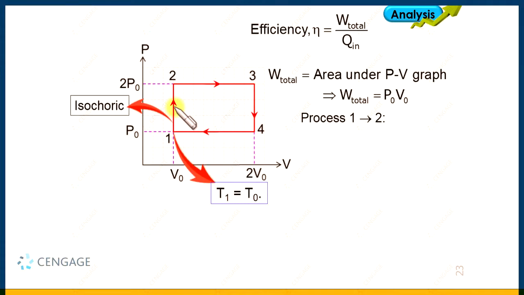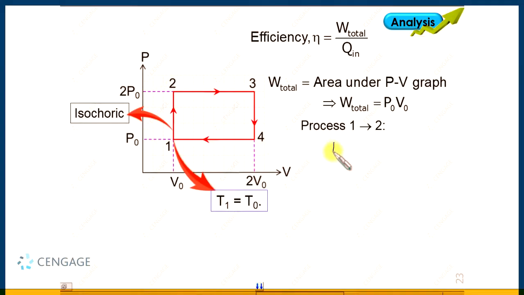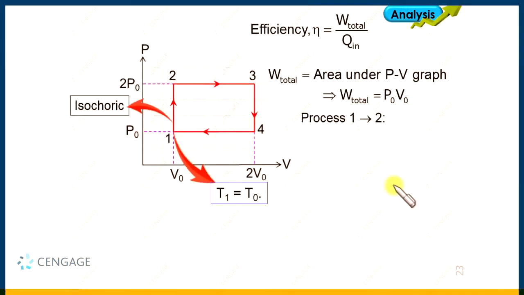Now let us analyze whether in this process heat is absorbed or rejected. This is an isochoric process, and we can write the equation PV equal to nRT. V is constant, so P is proportional to T, and if pressure doubles, temperature will also double. That means the temperature at position 2 will be 2T naught.